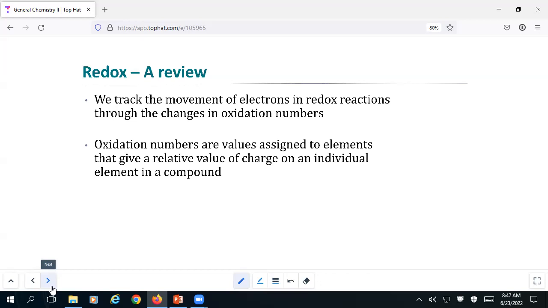They're not prone to resonance and other things like formal charges are. But what they give us an idea of is, does this particular element have a whole lot of electrons? Does it not have a whole lot of electrons? And that relative number can give you a lot of idea in terms of what its reactivity ultimately is.